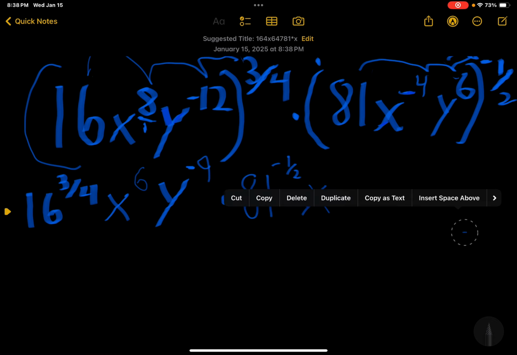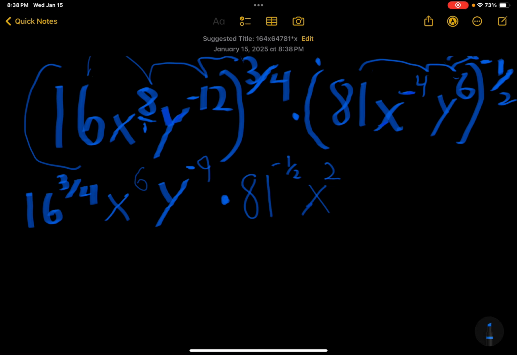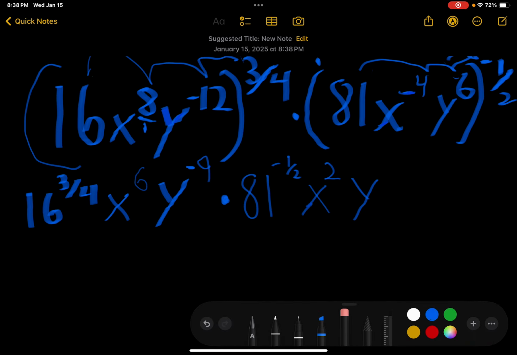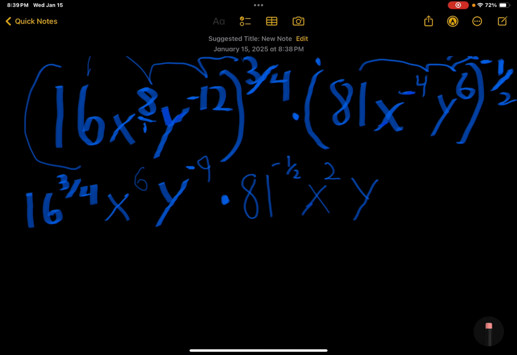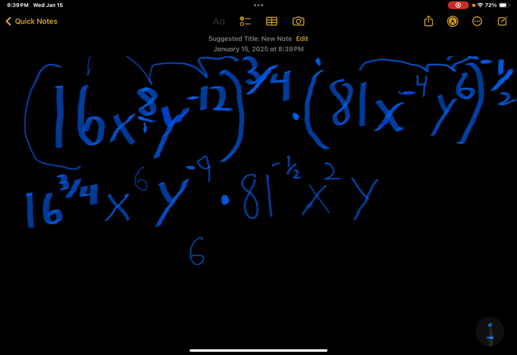Now we got y to the power of 6 multiplied by negative 1/2. Let me erase this because it looks like a negative here. All right, so we got 6 over 1.